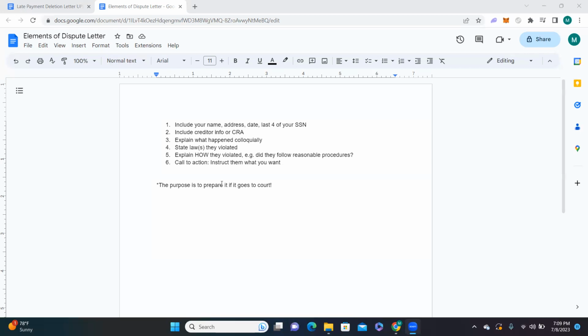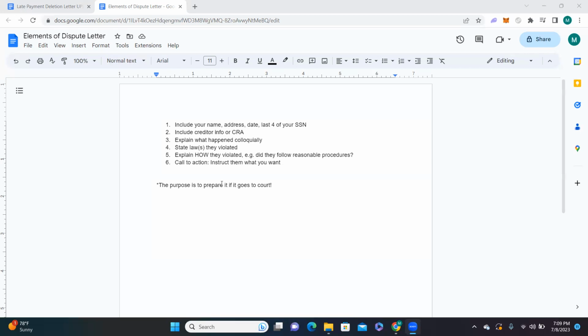They're in a game of business, so you can learn from them if you're running your own business. But they're going to do stalling tactics. They're going to hit you with, we don't know who you are, you should send us additional identification. So the whole purpose of putting the last four of your social is to provide that additional information that it's you. So make sure you include that.